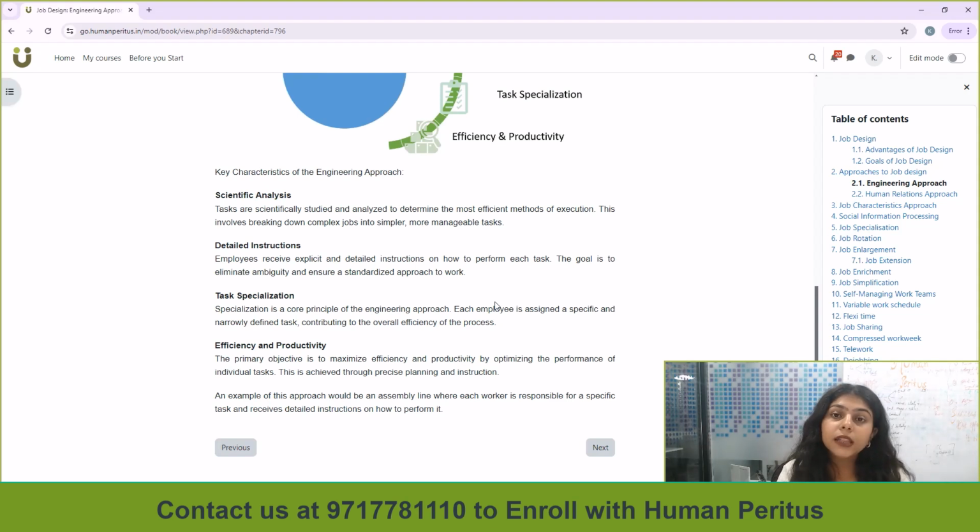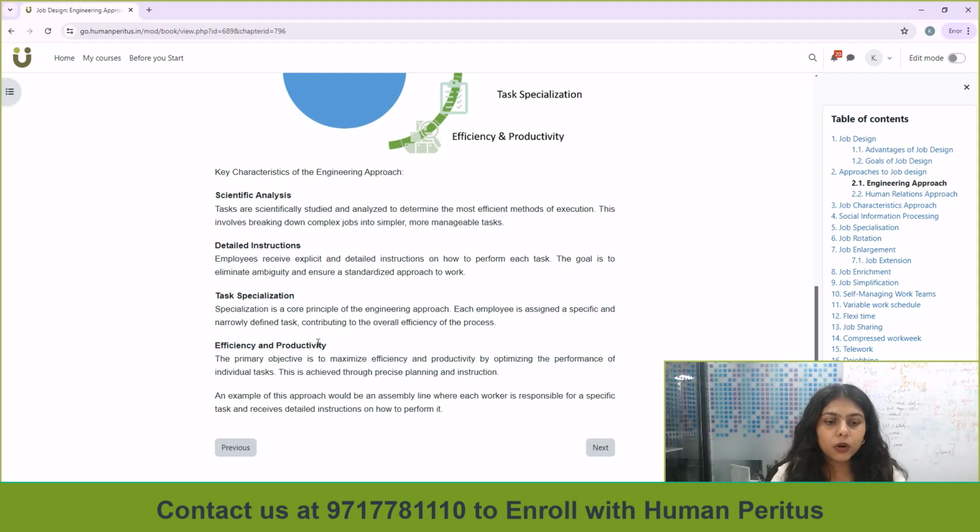So it wasn't like this approach was all bad. There were good parts of the approach, such as efficiency and productivity. Employees used to be very skilled in one task. The task specialization was there, but there were also cons of it.